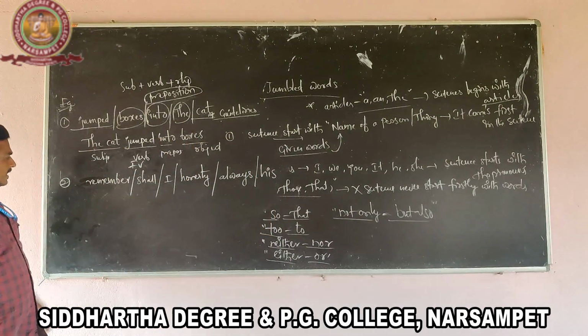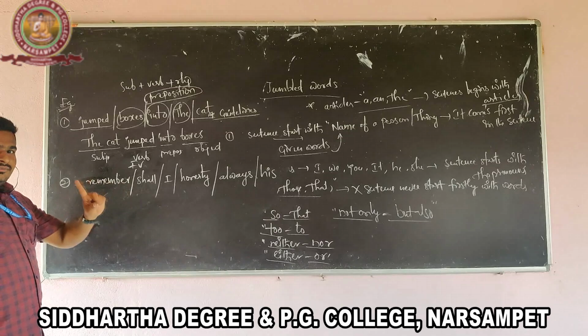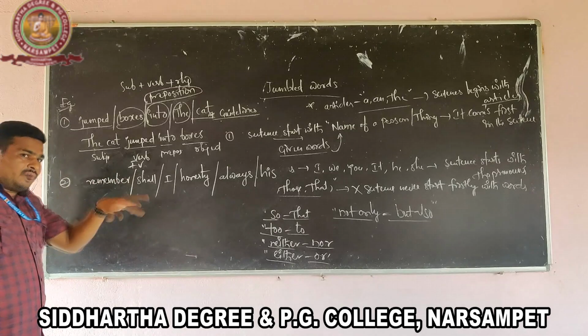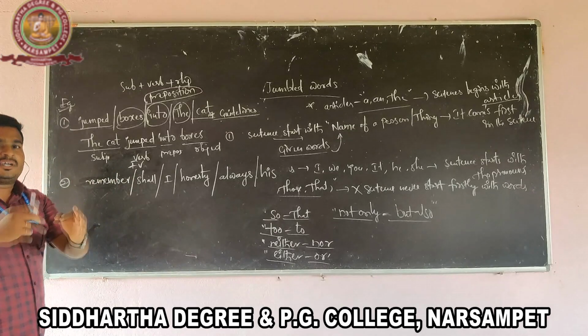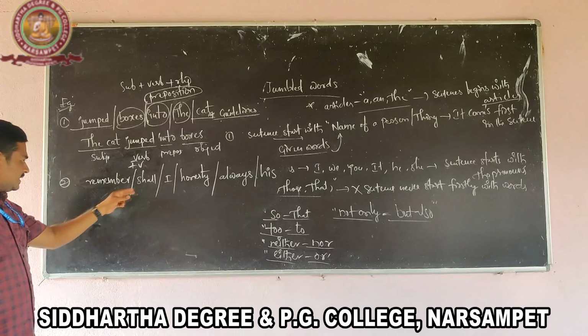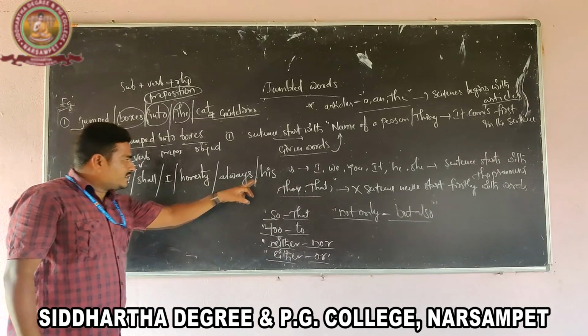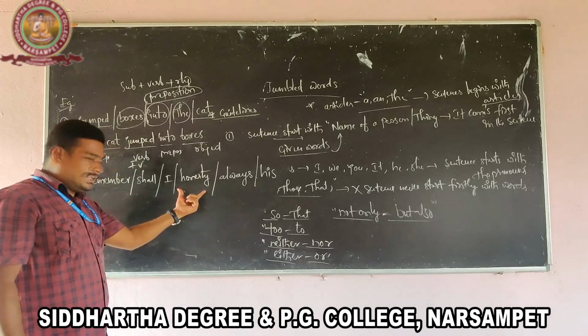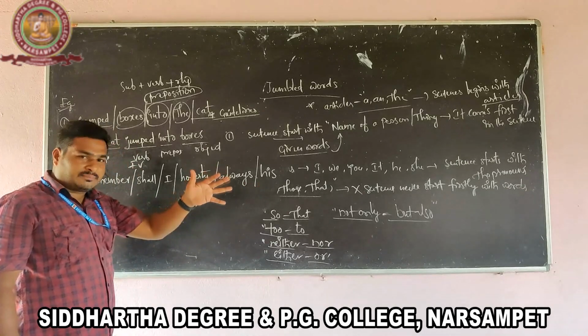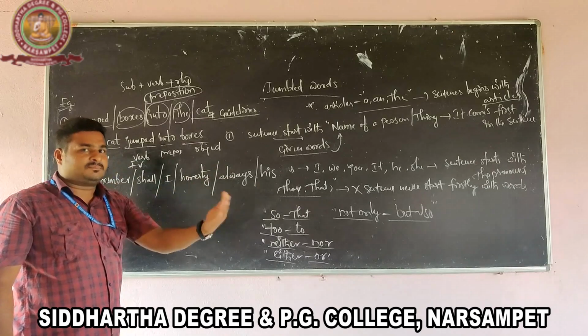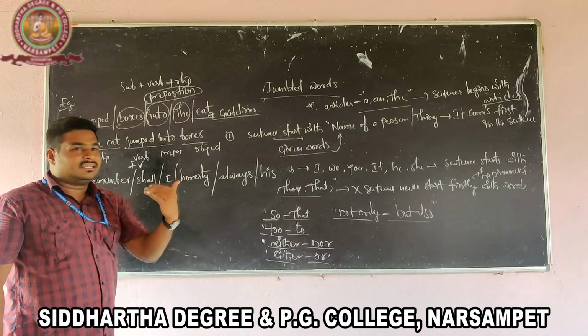Just look at here. So first, what is the thing we have to do? Read out the words once, twice, if possible, thrice. Remember: shall, I, honesty, always, his. So in the given words, there is no subject, meaning there is no name of a person, no name of a thing, right?